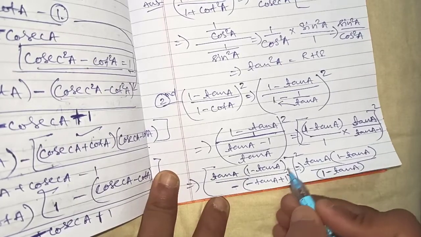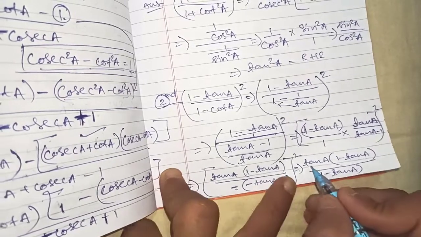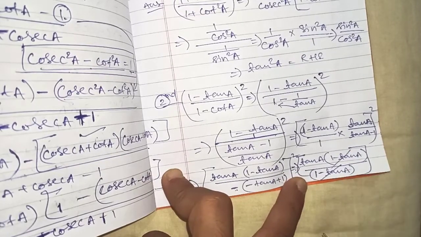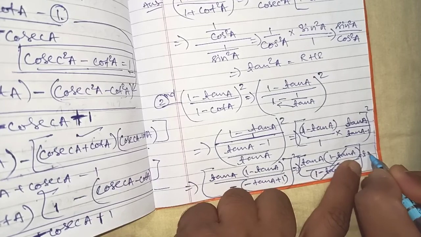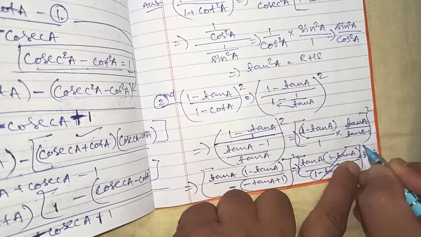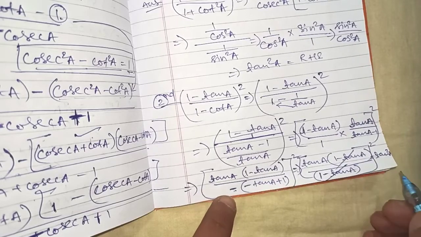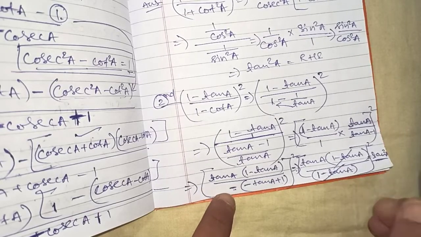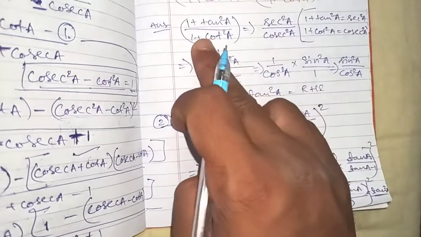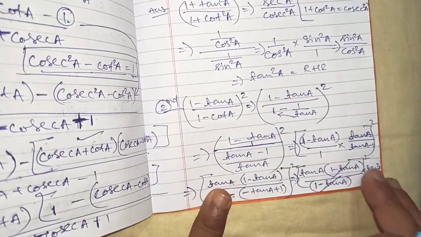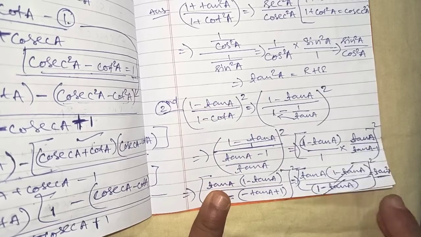Minus is written inside the square, so minus minus is plus, no need of writing anything. So 1 minus tan a and 1 minus tan a cancel. What we get is tan square a, because the square is there. This is our RHS. So by taking this we have proved tan square a, and again by taking the second part we have proved tan square a.